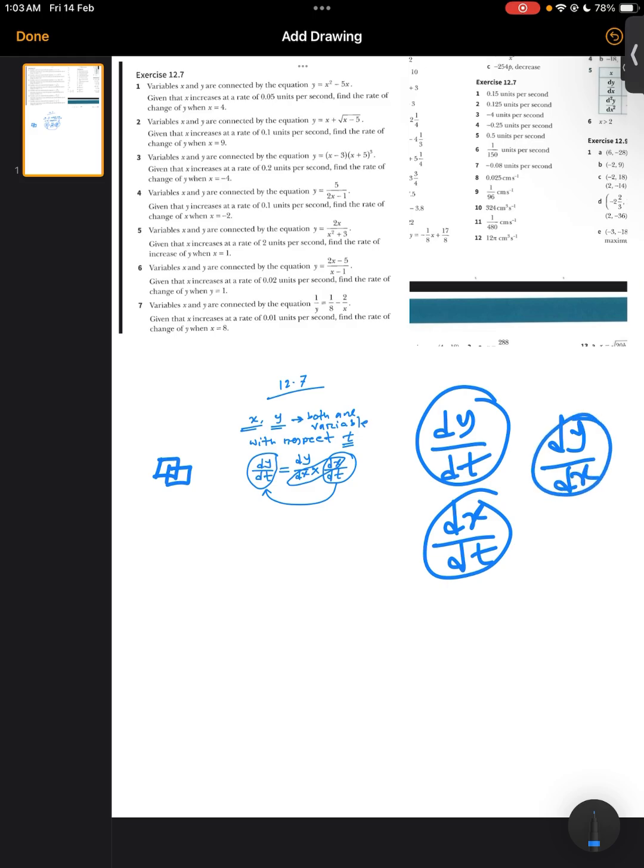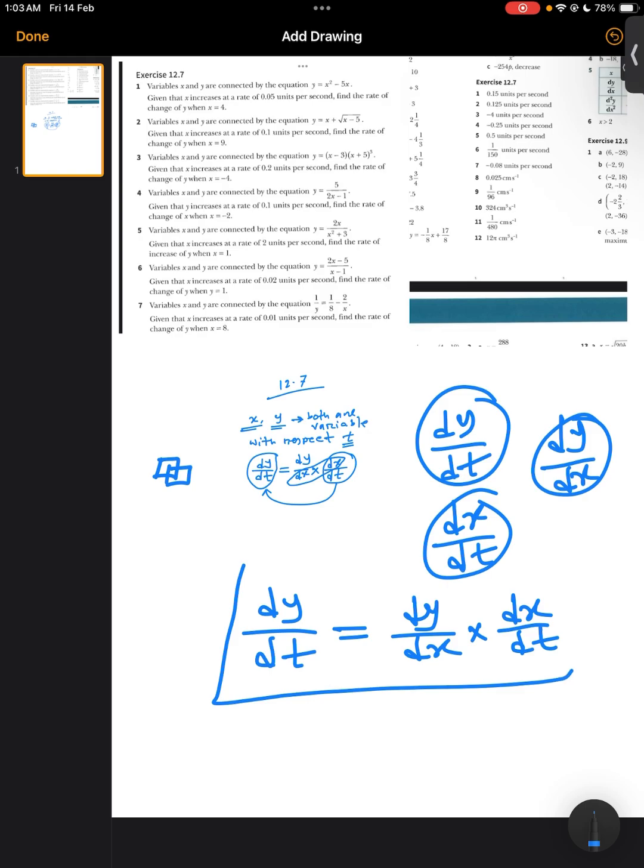These three things. If we combine it together one more time, dy/dt is equal to dy/dx times dx/dt. So this is the formula for when both variables vary with respect to t.